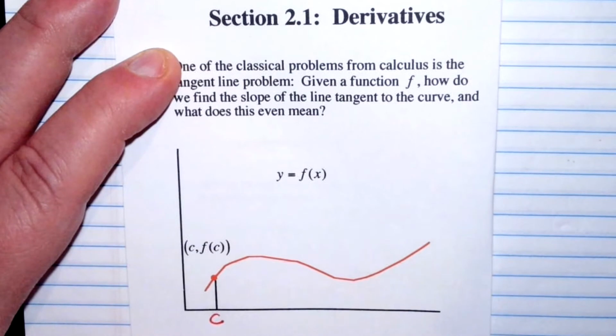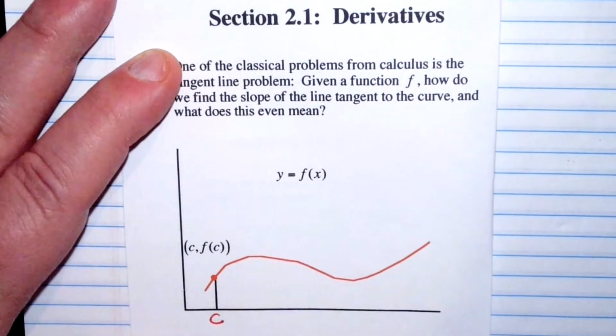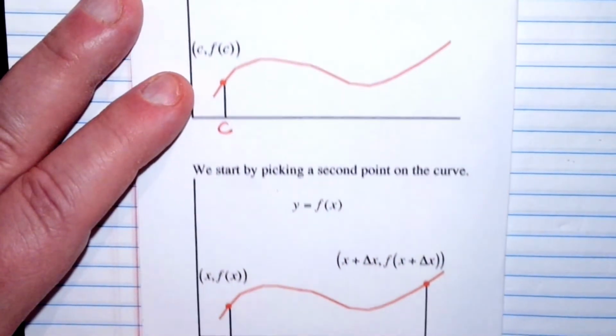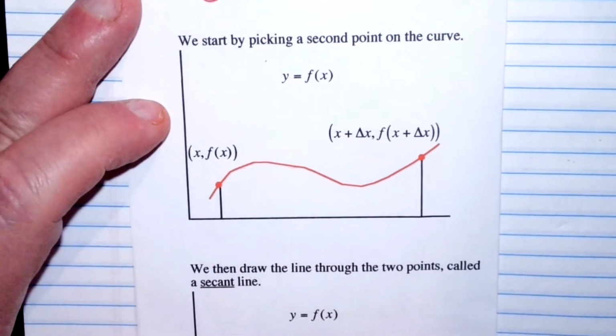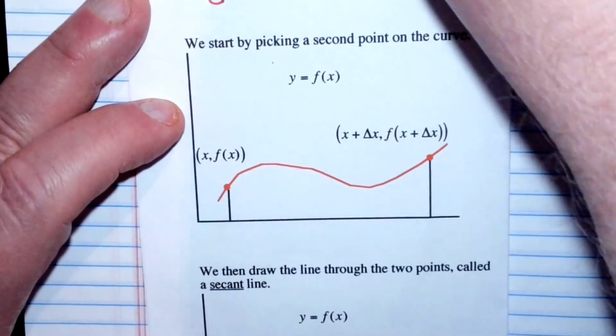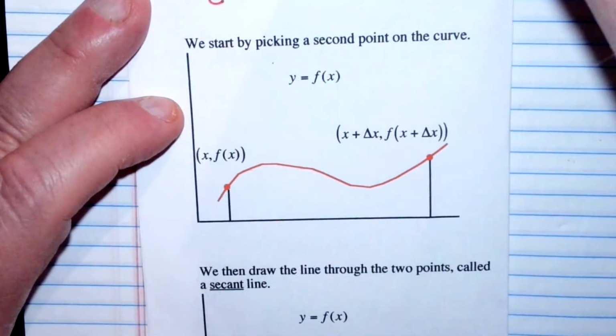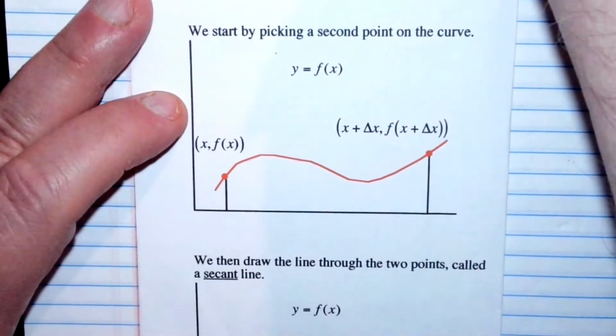And so you know that in algebra there is a slope formula, and we're going to use that, and that'll help motivate the definition of derivative. Alright, so I'm going to switch that c out for an x so that we'll have a formula in terms of x when we get finished.